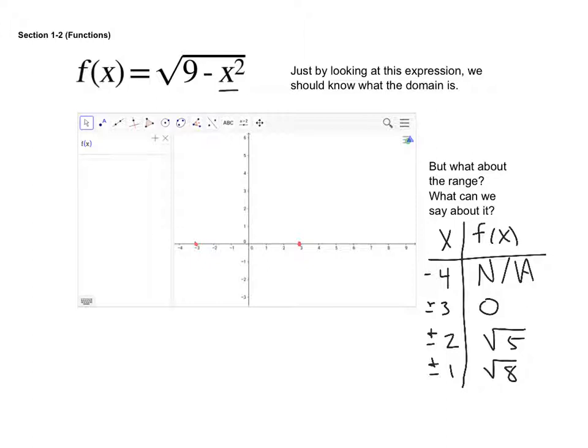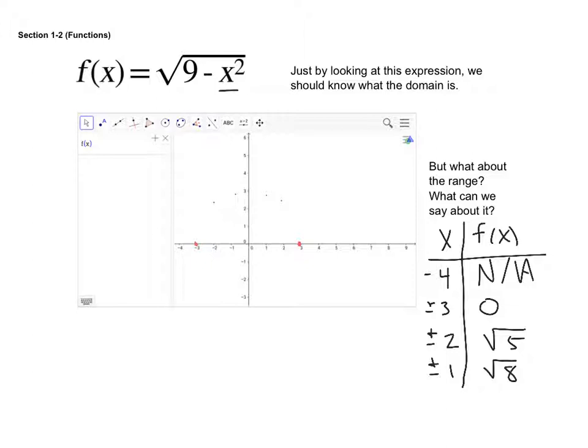When x is plus or minus 2, I'm going to get a positive square root of 5. So when x is negative 2, that's just over 2 on the y-axis. So I'm going to put my dot right about there for x is positive 2 and x is negative 2. When x is positive or negative 1, I'm going to get the square root of 8, which is just under 3. So I'm going to put a dot here and a dot here.